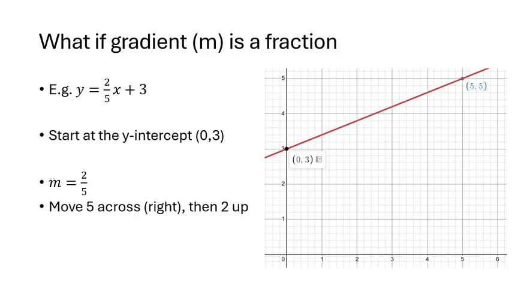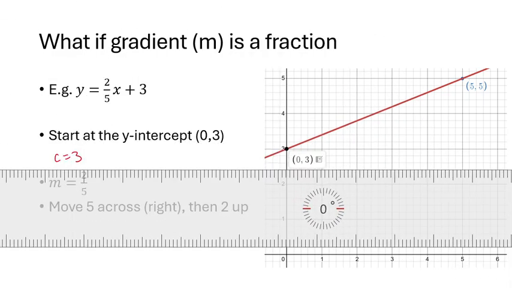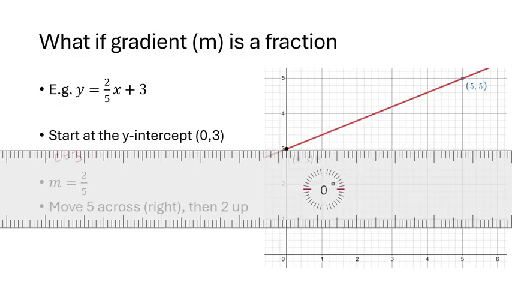So if I have a look at this equation, y equals 2 over 5x plus 3, I've already stated that the y-intercept is 3. So I'm going to start where the y-intercept is and apply the same logic of rise over run.